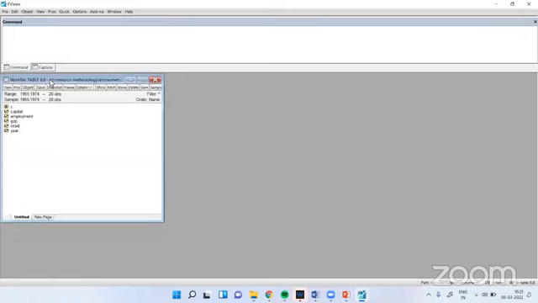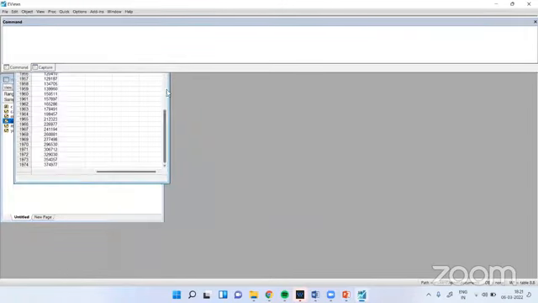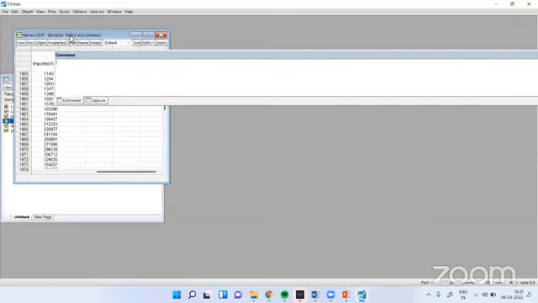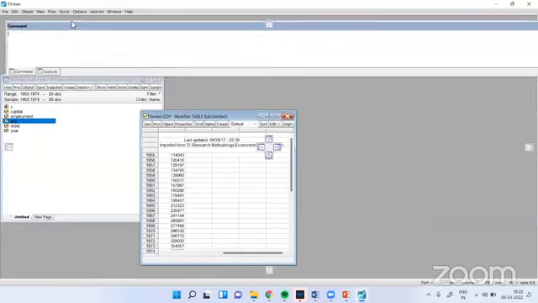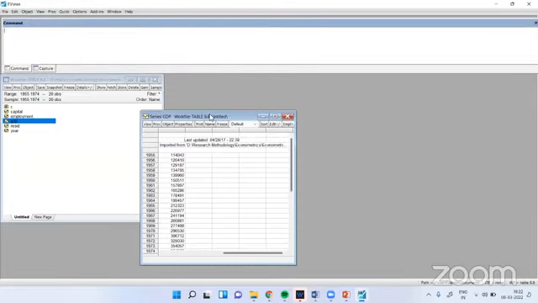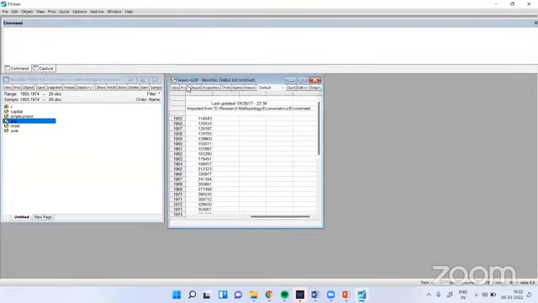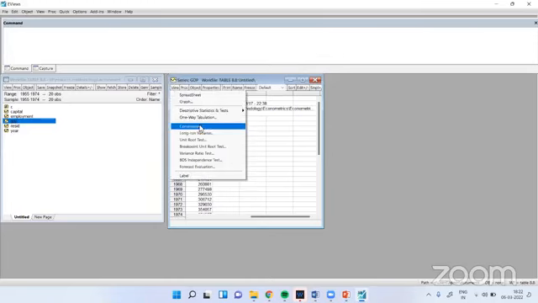Done. Now just click on GDP and view correlogram.